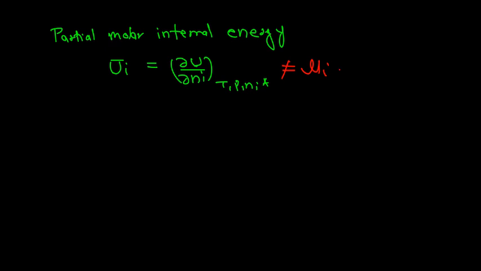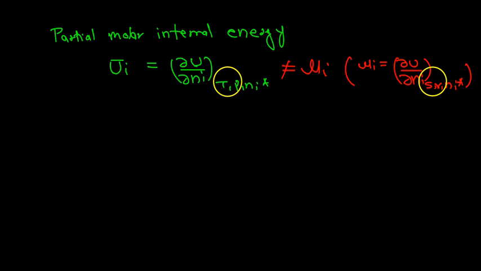This is not equal to mu I, because our definition of mu I, when defined with respect to u, was del u by del ni at constant S, V, and I star. So you must remember that these quantities S, V and these quantities T, P are different.